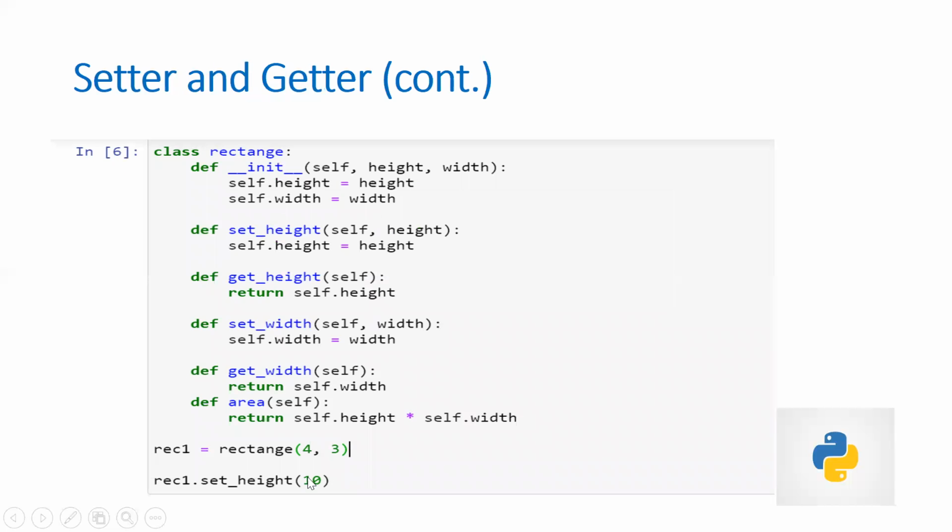But if I want to use these get and set functions, how can I do it? Here we can write rectangle.set_height. Set height means the height will be set by this function. So I just pass 10. That means I want the height of rectangle 1 to be 10, because in the previous line it was 4, but now I want the height to be 10.